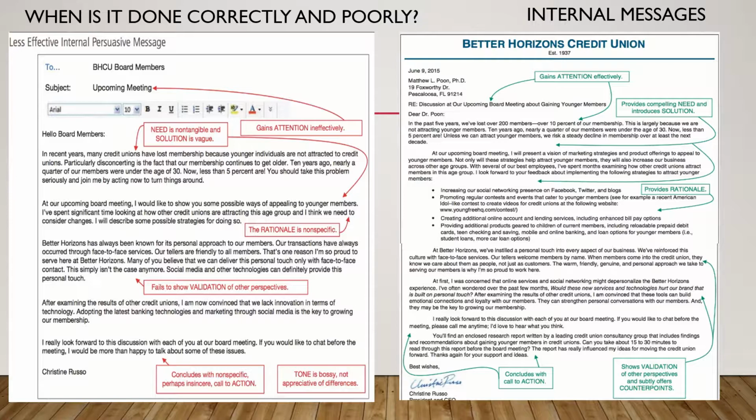The picture on the right shows you an effective letter. As you can see, it gains attention effectively, it provides the need and solution correctly, possesses a rationale, and calls to action at the end.